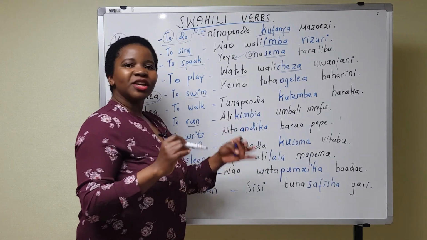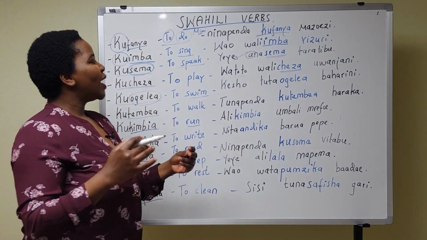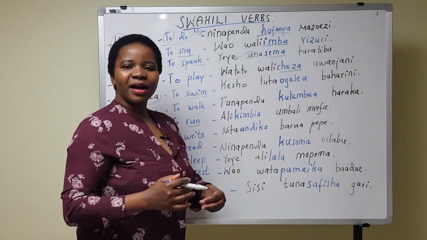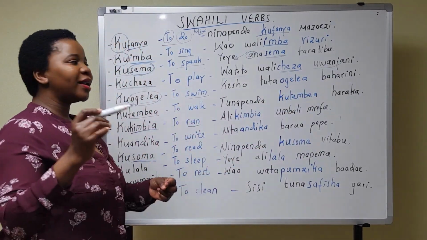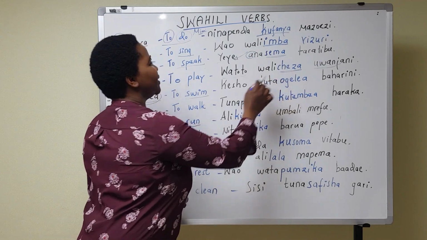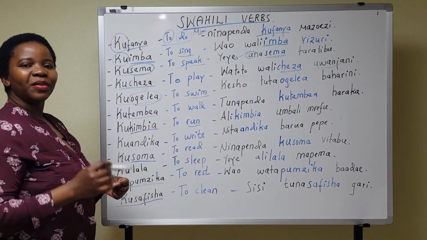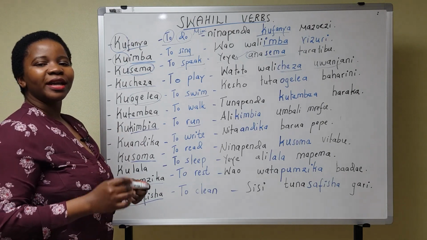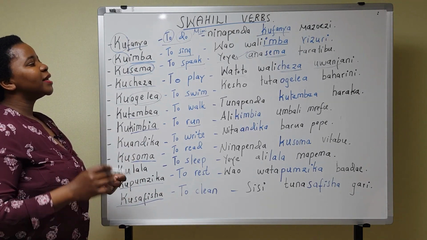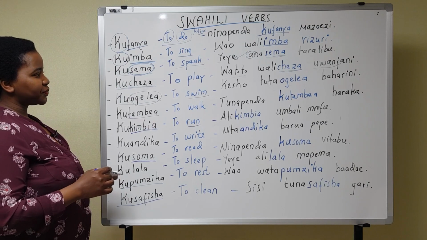So children played at the playground. Uwanjani, the playground. Cheza is our verb. Walicheza, they played. Watoto walicheza uwanjani. Children played at the playground.